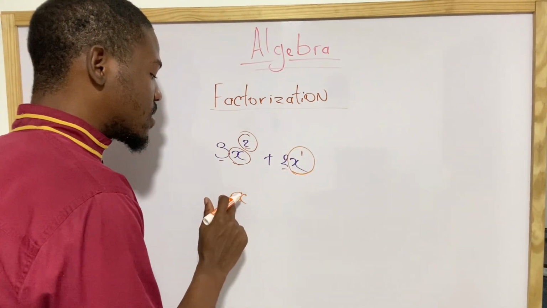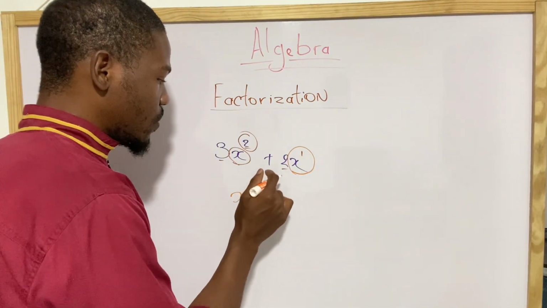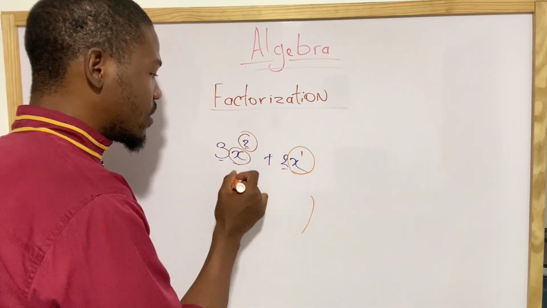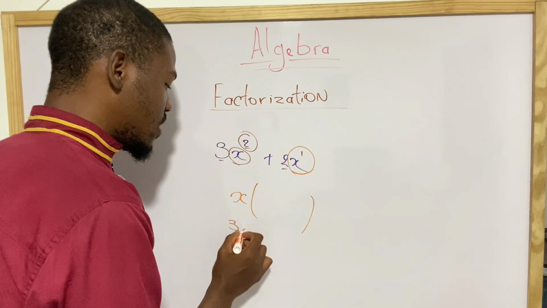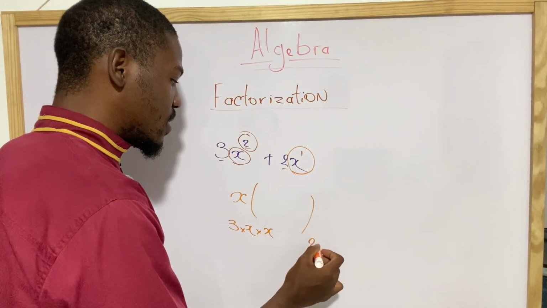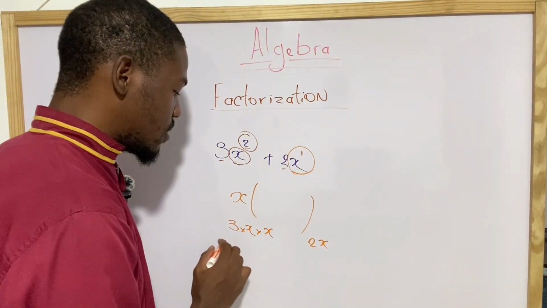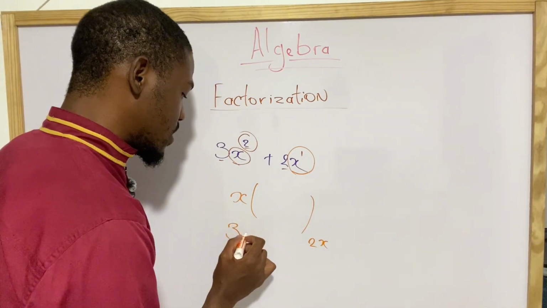So we put the x outside and then bracket. What we're going to have now is that we're actually going to be dividing 3x squared and x, and we also have 2x, right? So let me just write it a little bit bigger so we can see what is happening right there.